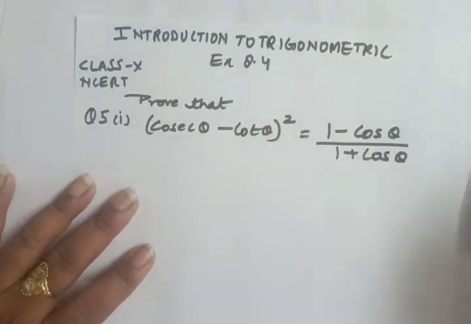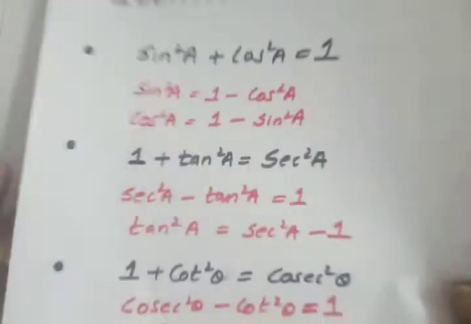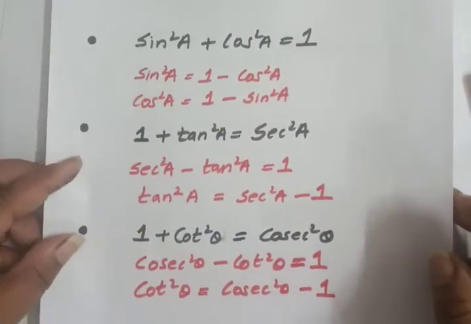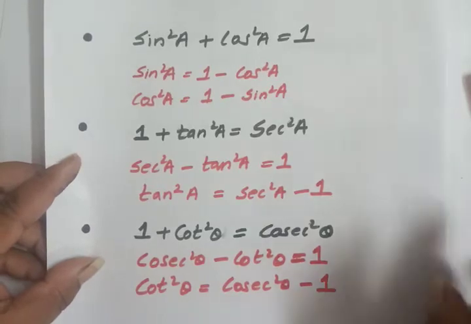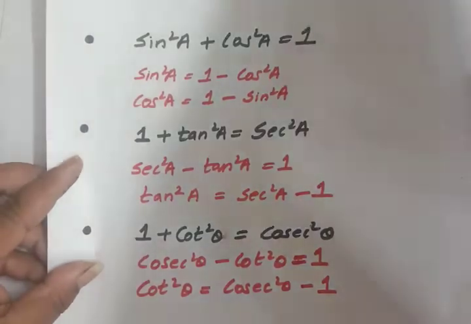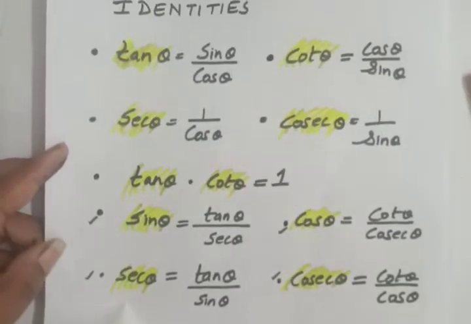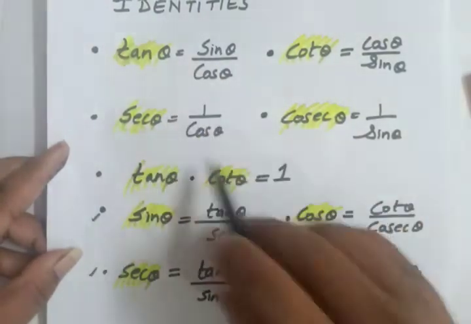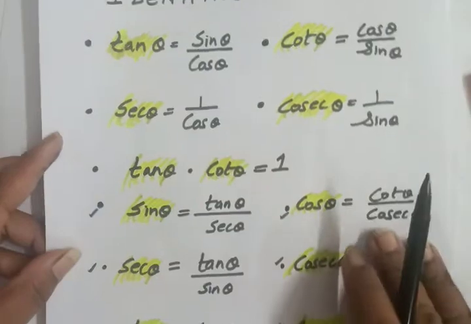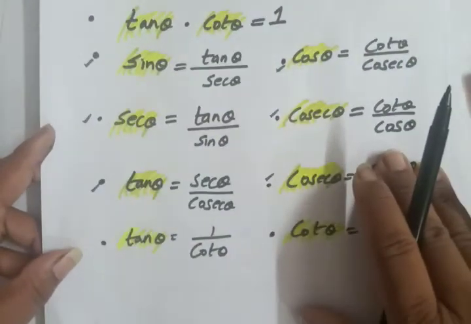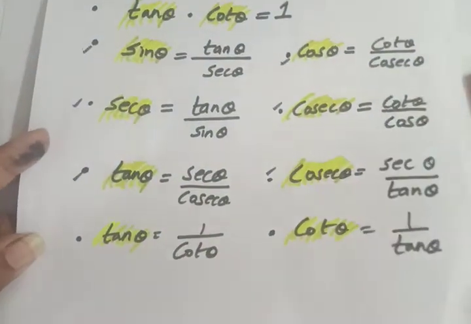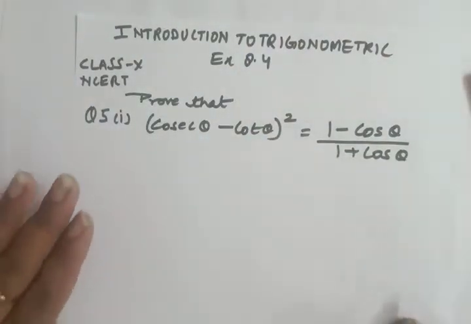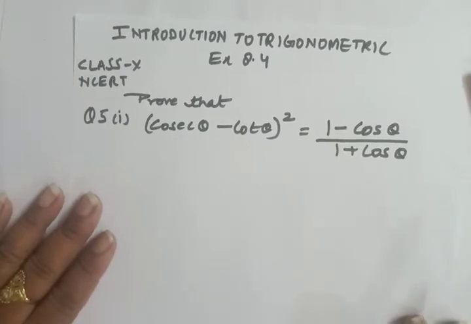Those who have not seen that video, let me show you again all the three important identities, and also the identity tan theta is equal to sin theta upon cos theta. These are the reciprocals, that you also need to learn. These identities are the only thing that are going to help you in solving this proving question.